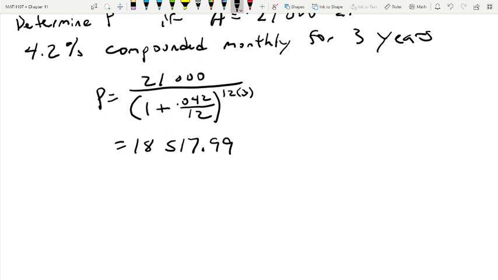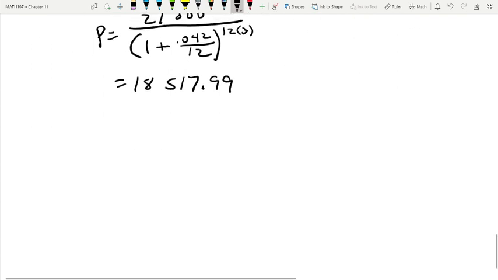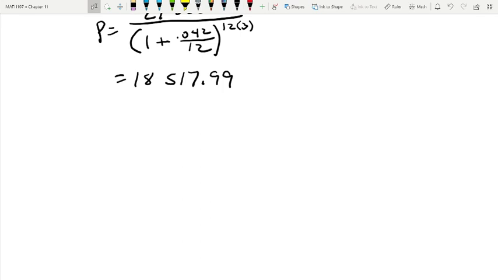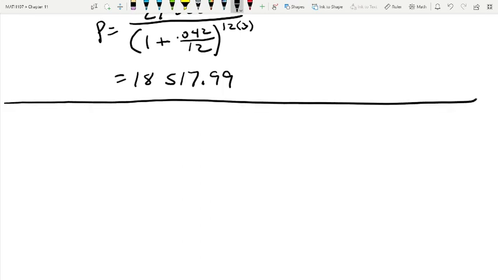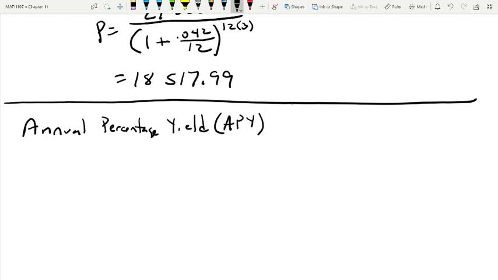And then we have also, in terms of the annual percentage yield, which is the APY, also known as the effective interest rate.